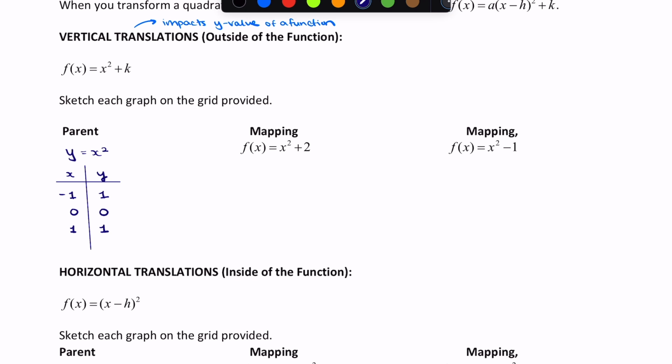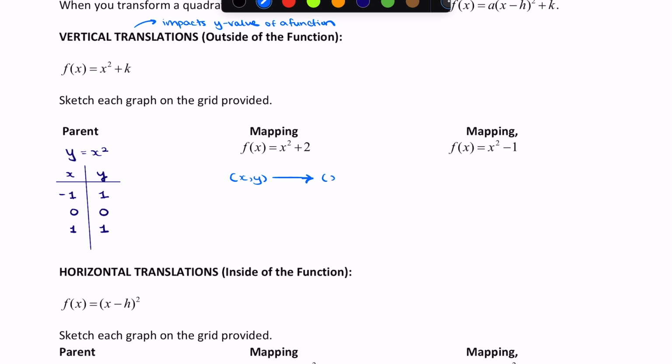Here, in terms of the second transform function, we get f(x) = x² + 2. So when we write our mapping notation, we start with the points (x, y) from the parent function, and then we write the new points based off of the transform function.